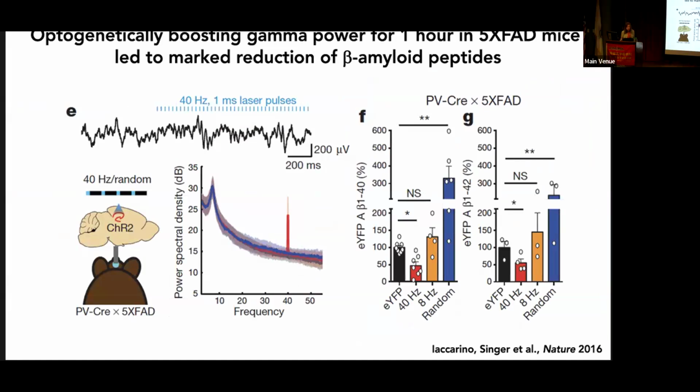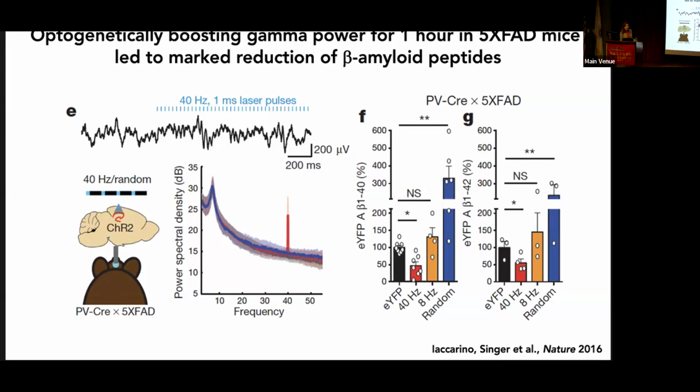So she teamed up with Annabelle Singer, at the time a postdoc in the Boyden lab, and we used optogenetics, using channelrhodopsin-2, as you heard from Ed, introducing the channel into the hippocampus of the PV-Cre 5xFAD mice. This way we can use laser pulses to activate these parvalbumin neurons at 40 hertz. We found that this is sufficient to drive increased 40 hertz oscillatory power in the hippocampus.